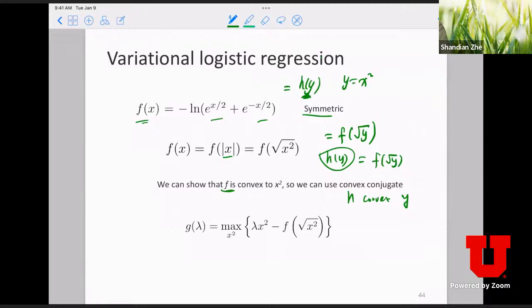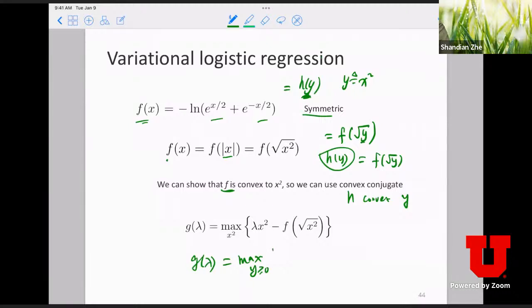So that means if f is a function of x squared, then I can immediately construct a convex conjugate. If it feels uncomfortable, you can first view it as a maximization. Remember, if you want to define y as x squared, then y must be non-negative, right?